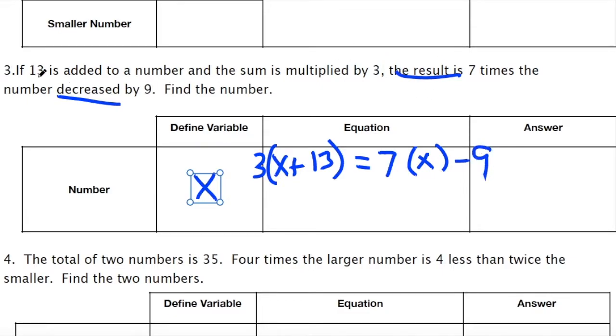Again, you're just taking the words and translating them to numbers and symbols to make your equation.